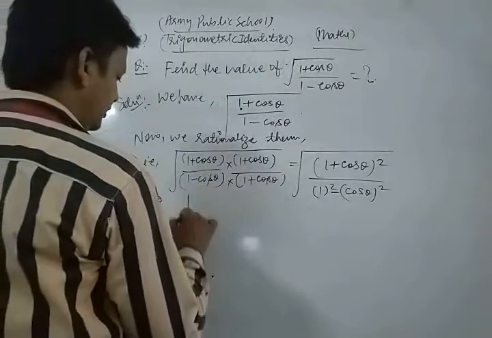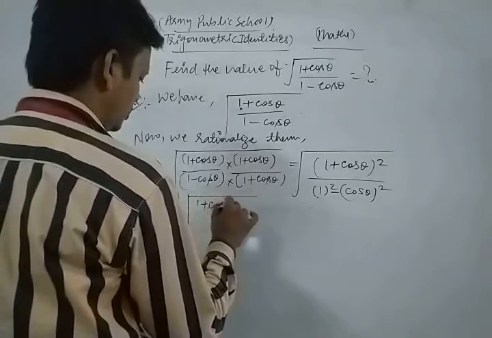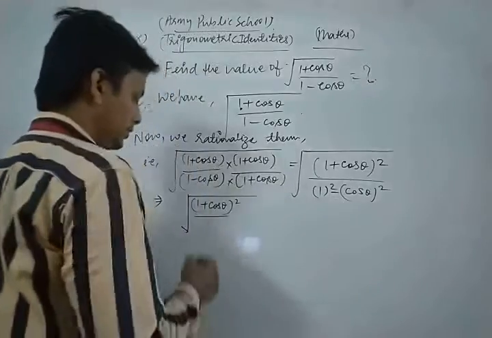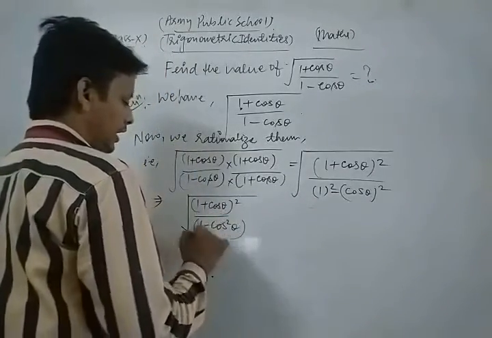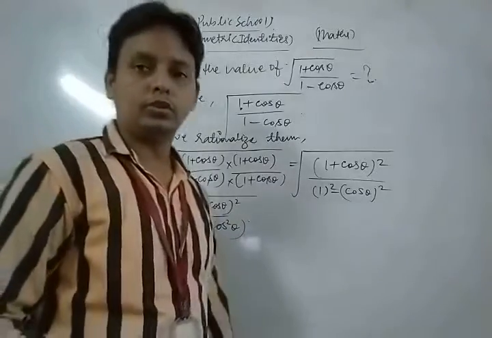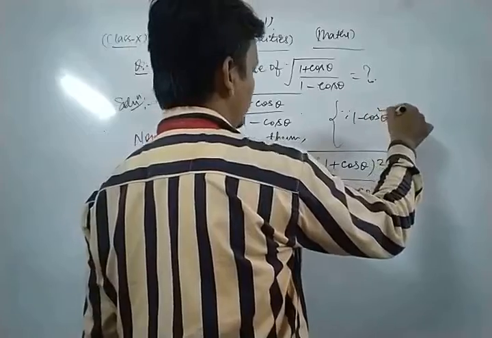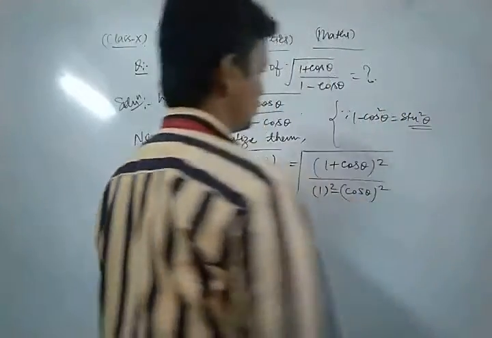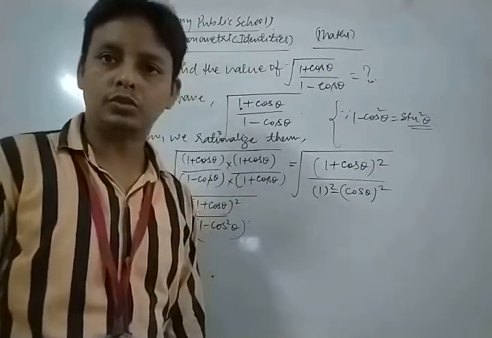So we write the square root of (1 plus cos theta) whole square upon a square minus b square, so we can write 1 minus cos square theta. And you know that 1 minus cos square theta is equal to sin square theta.